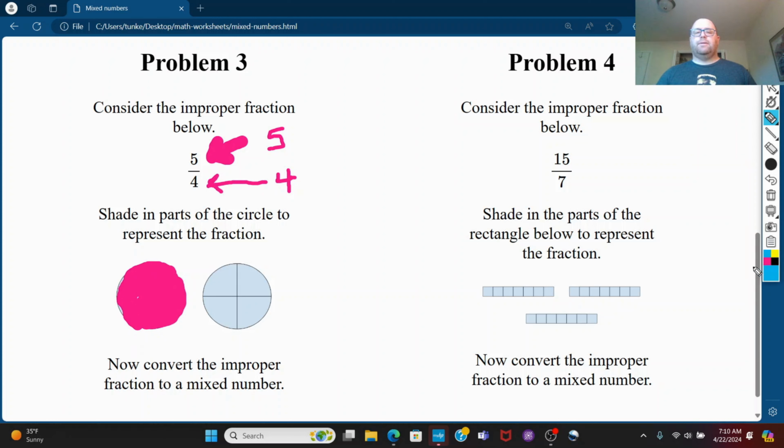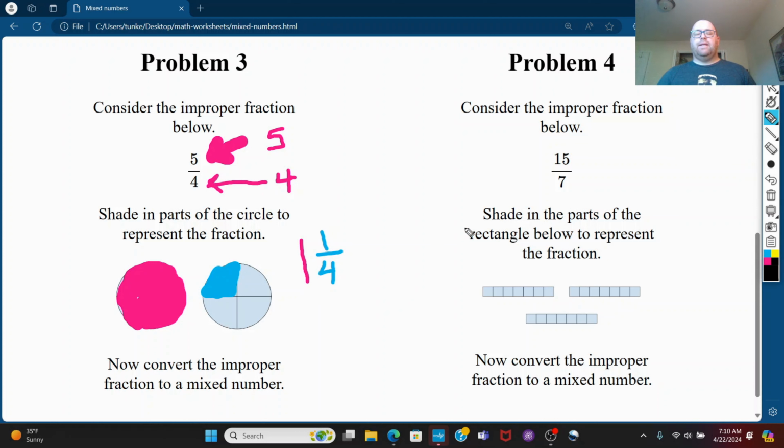And then now we'll shade in, so we shade in 4/4. We have to shade in 5/4. We're going to have to shade 1/4 more. Okay. So one way we can just think of this visually, how we're going to write this as a mixed number, and we can do the 1 whole and then the fractional part, the 1/4. So this becomes 1 and 1/4. That's one way to do it visually.